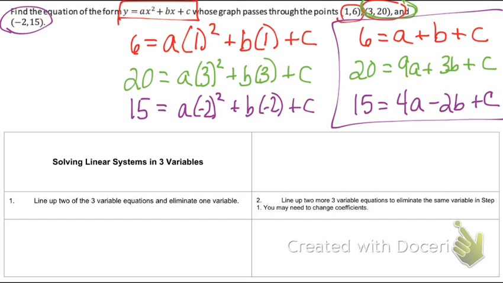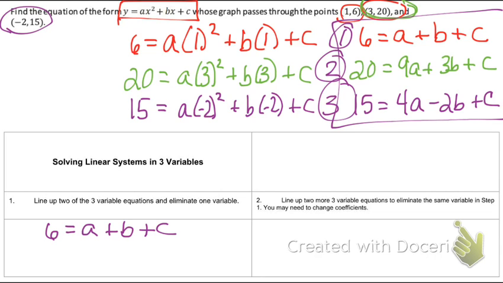So then I'm going to follow the procedure and solve for those values. So we're going to call this 1, 2, and 3. For this one, I'm going to stack equations 1 and 2. So 6 equals a plus b plus c. 20 equals 9a plus 3b plus c.